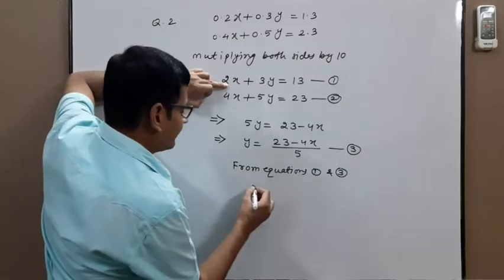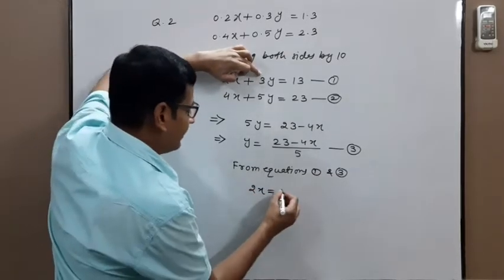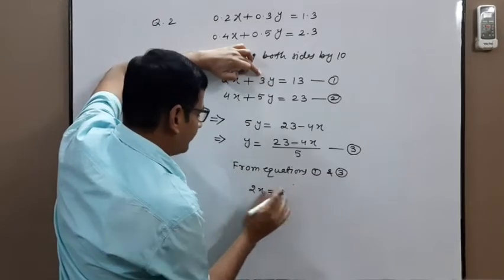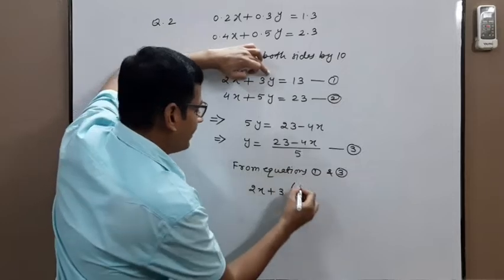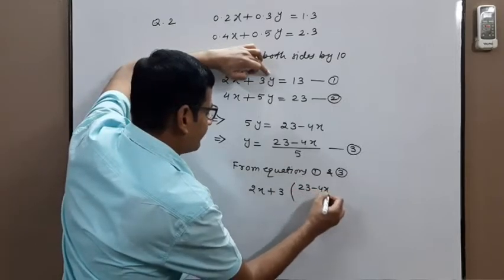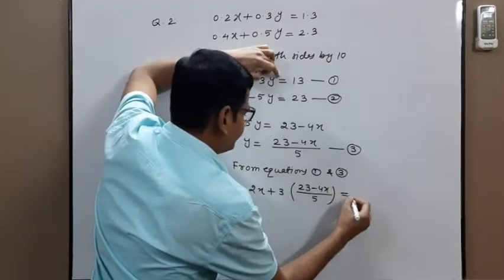So 2x plus 3 into y, 3 into 23 minus 4x upon 5, equal to 13.